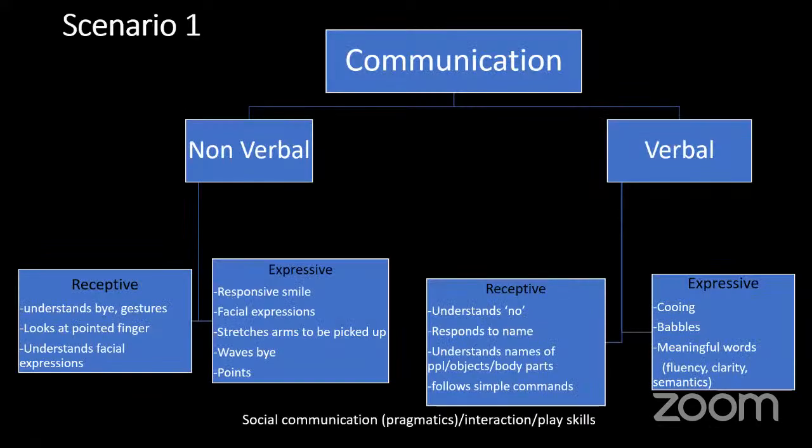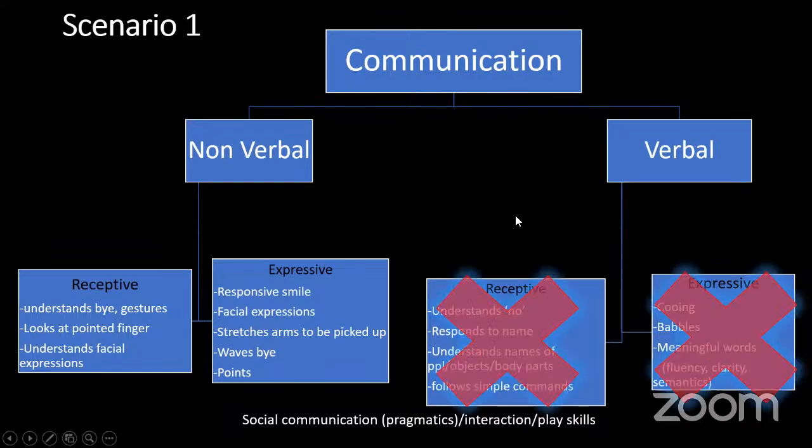What I've done here is put a few case scenarios, and do feel free to chip in. So this child with speech delay, if we ask more, let's take scenario 1, where you ask a few more questions about communication, and the parent says the child is not understanding what I'm saying, and the child is not speaking verbally, but non-verbally the child is communicating extremely well.